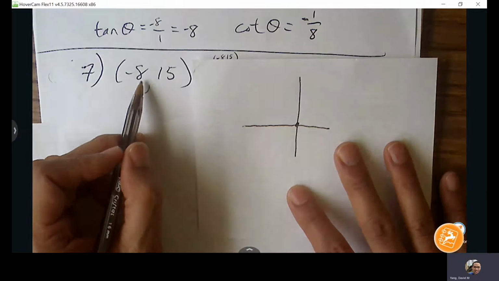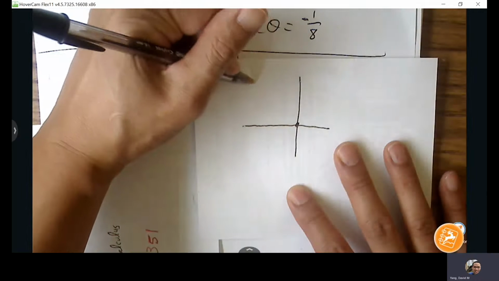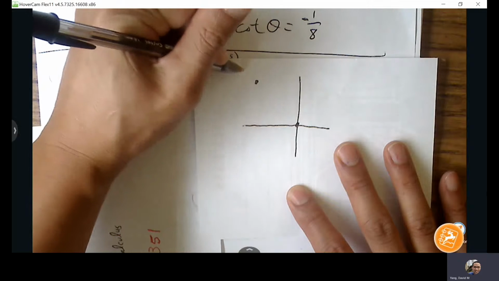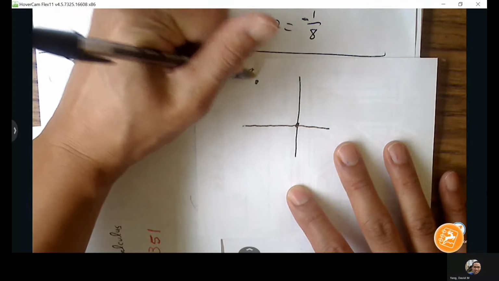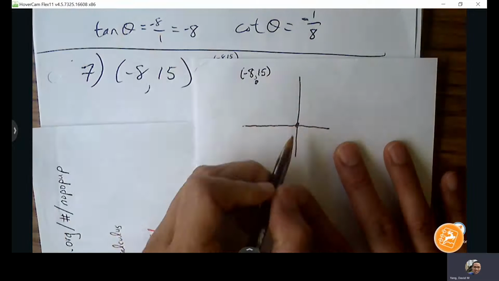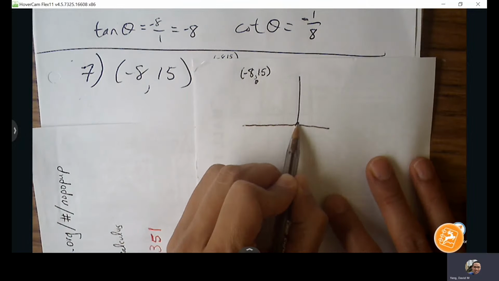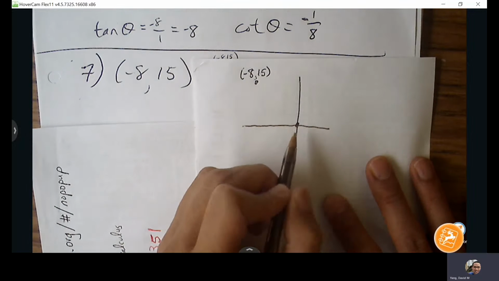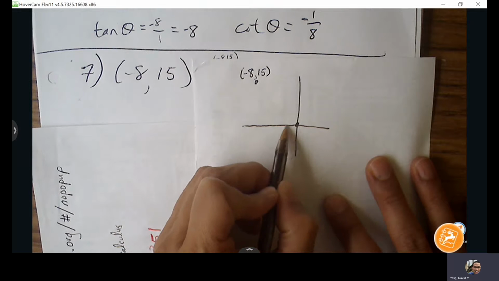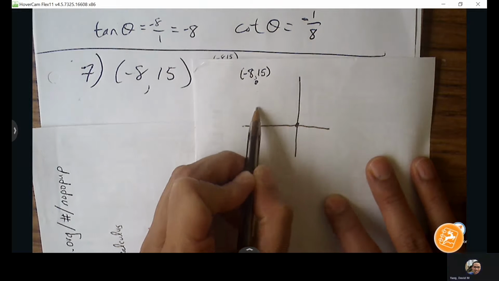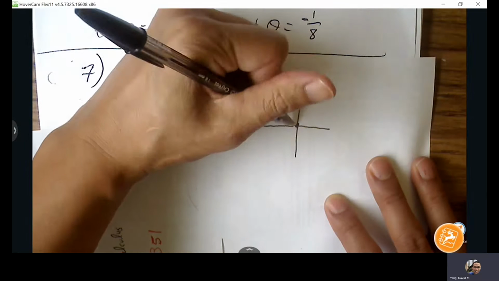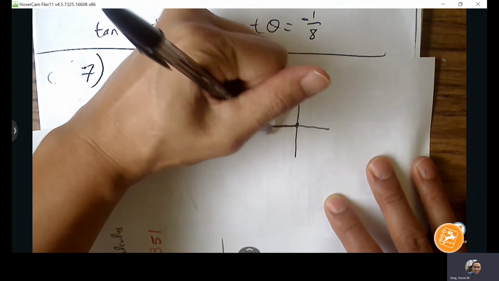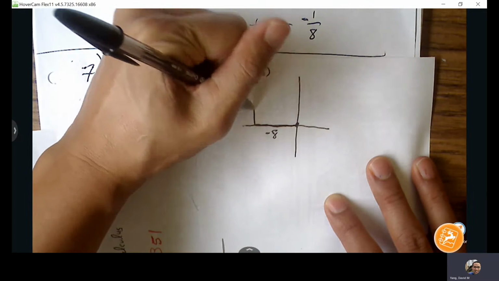You expect that to be in the second quadrant. It doesn't have to be accurate. Then start from your origin and move towards that point in the horizontal and vertical way. So I'm going to go 8 units left, 15 units up. And we associate left with negative, right? And then up with positive.